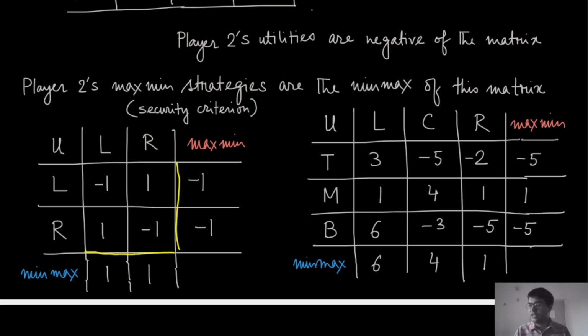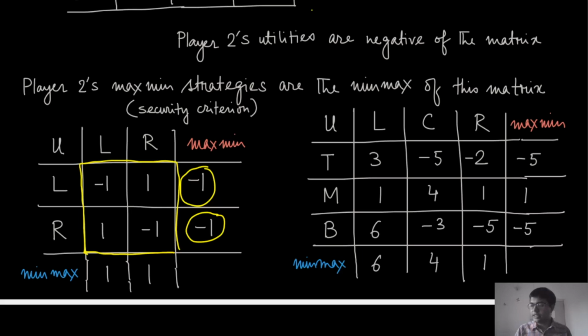This is the matrix that represents this matrix game. I'll come to these numbers later. These numbers represent the row minimum, and the max-min will, of course, in this case be -1. Now if you do the same max-min exercise for player 2, what you will get is the min-max of this matrix.